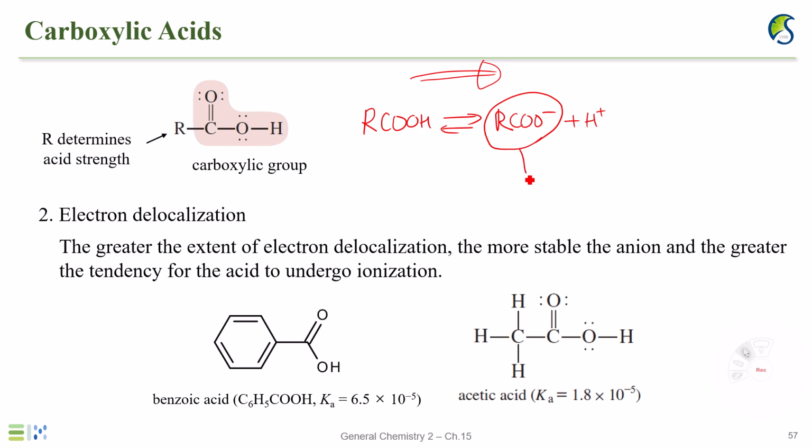So if this anion is more stabilized, then the equilibrium lies to the right, and the Ka will be a little bit larger.